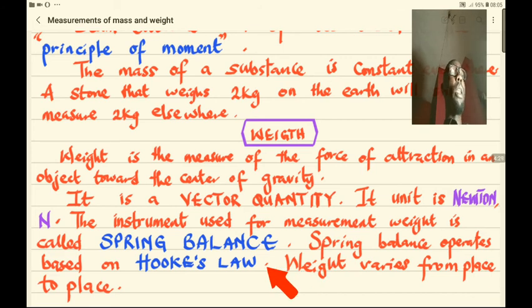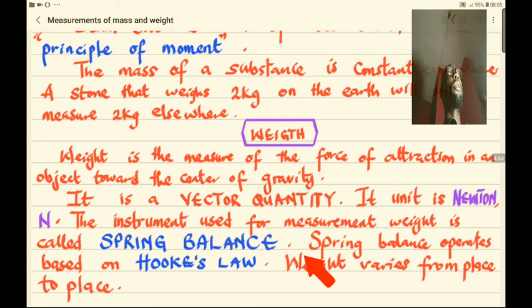That is the main reason why the acceleration due to gravity, or the gravitational field strength, is not always the same. The gravitational field intensity, or the acceleration due to gravity, is not always the same because weight varies from place to place.